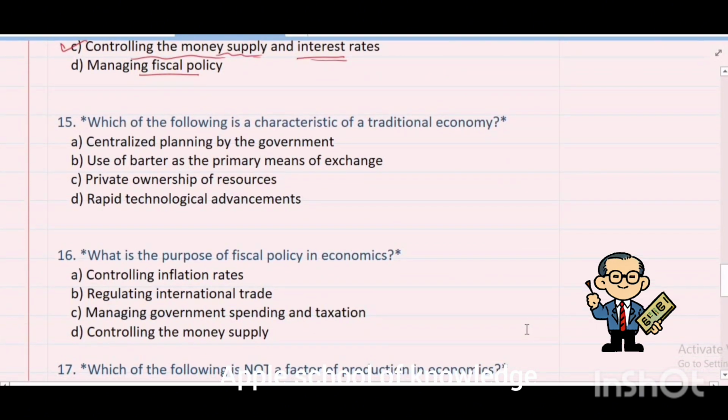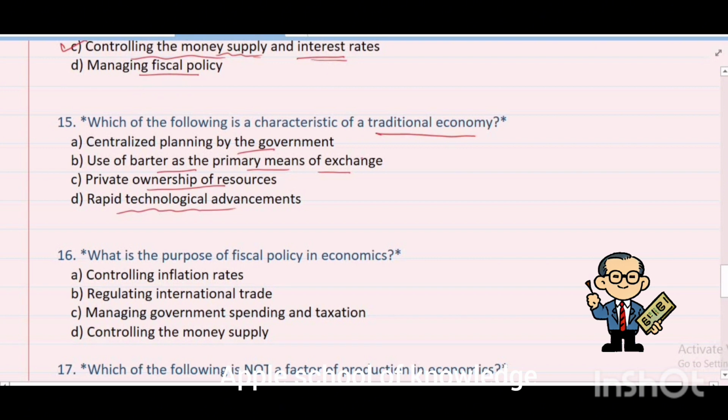Now MCQ number 15. Which of the following is a characteristic of a traditional economy? The options are centralized planning by the government, use of barter as the primary means of exchange, private ownership of resources, and rapid technological advancement.